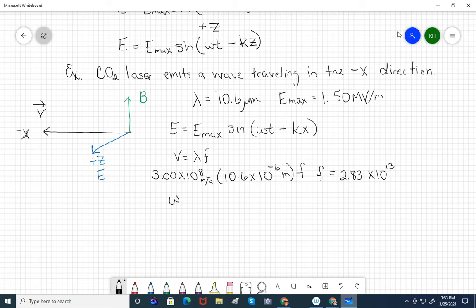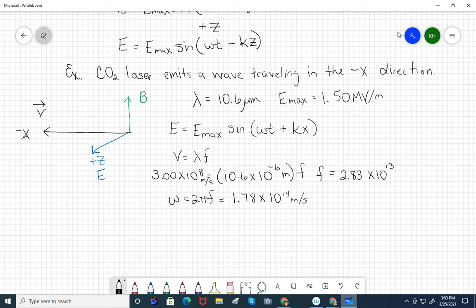So omega is 2 pi times f. So if I multiply my answer by 2 pi, I get that my angular frequency is 1.78 times 10 to the 14th radians per second. I think we're in the infrared range because our frequency is a little too low for visible light. Visible light is going to be on the order of 10 to the 14th.